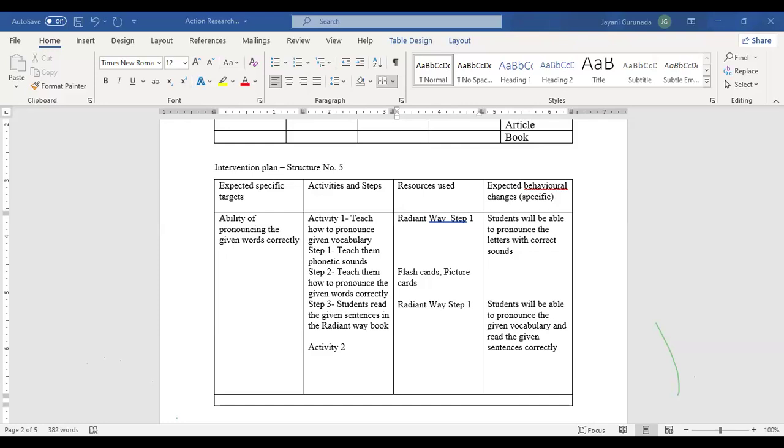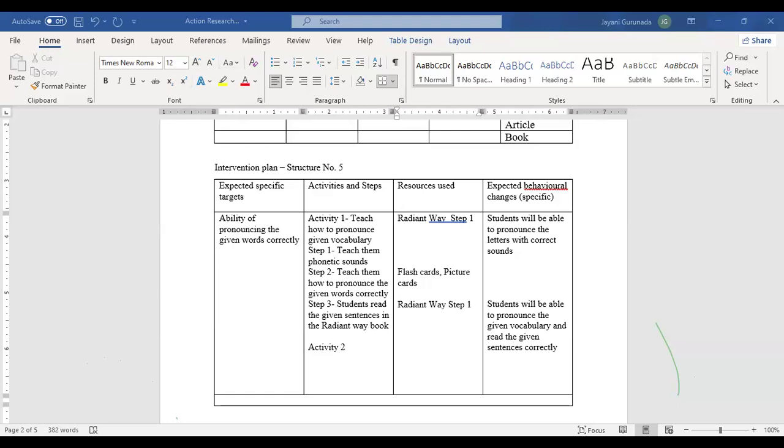Resources used: flashcards, punctuation chart, worksheets, and storybooks. Expected behavioral changes: students can identify punctuation marks correctly and use them properly while writing, and improve sentence clarity and writing quality.